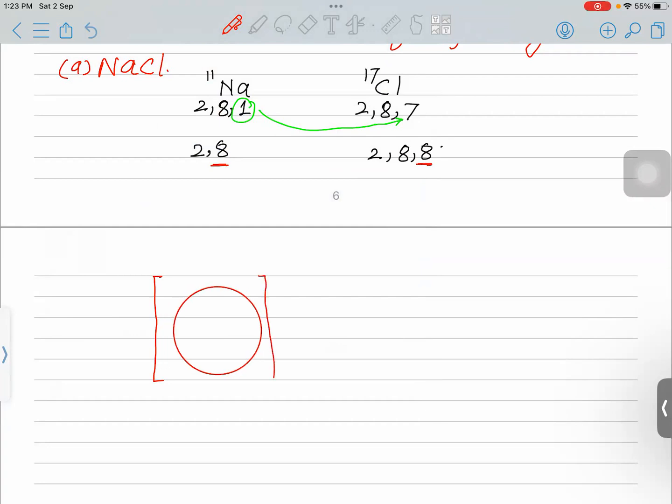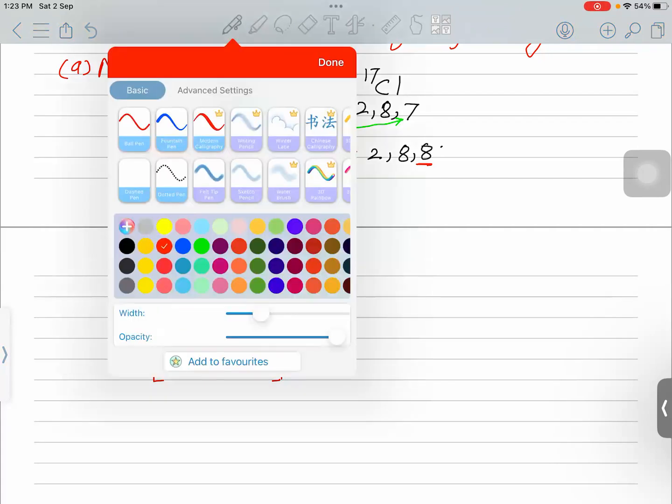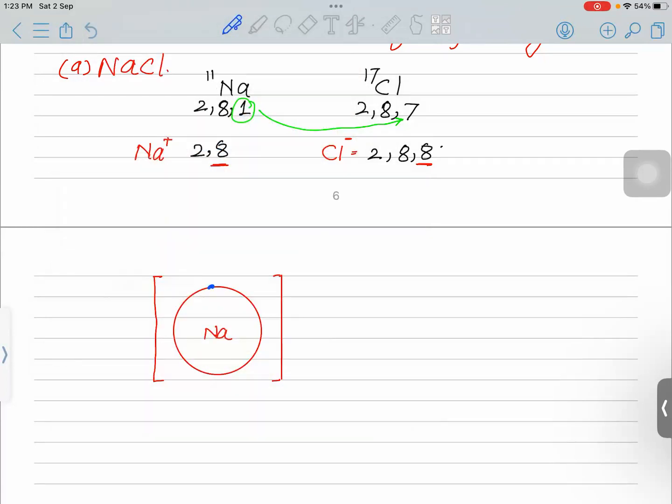So how many valence electrons are in the sodium ion? Now after ionization, it's going to be 8 electrons. Very good. So here we have sodium with 8 electrons: 1, 2, 3, 4, 5, 6, 7, 8.